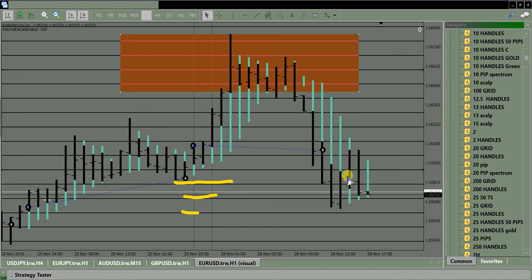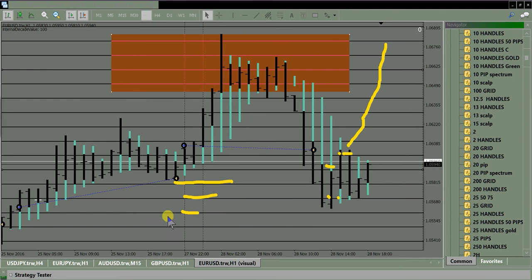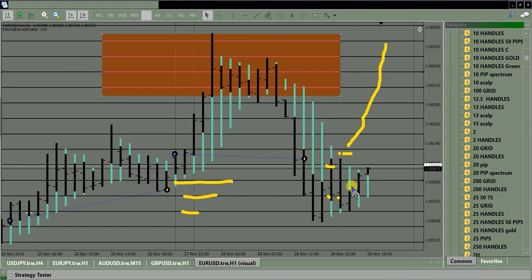Did we get out of our 2K here and take our measly 2K off the table, because we got filled here and here and the market's been here, so we take that? Or are we looking for a big move like this because we only have 2K in the market? Well, that's the question. Oh, here's a buy stop.